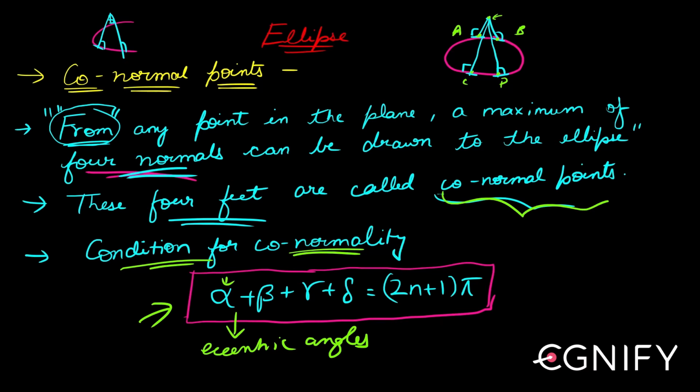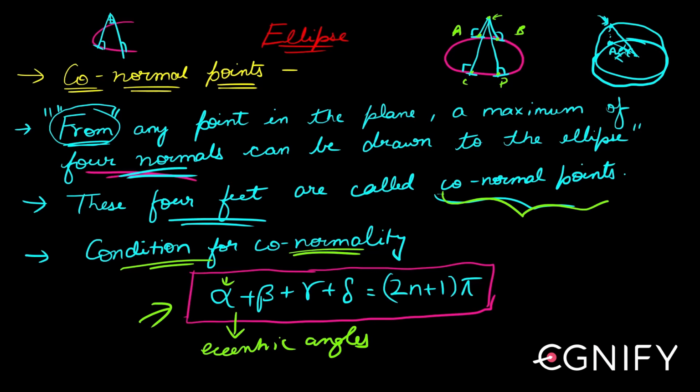That means you have the ellipse here. On this point, you have A. You will take the auxiliary circle around this, and you will go up to this point. If this point is A, then this point on the auxiliary circle will subtend an angle alpha, right? Not A. A won't subtend angle alpha.